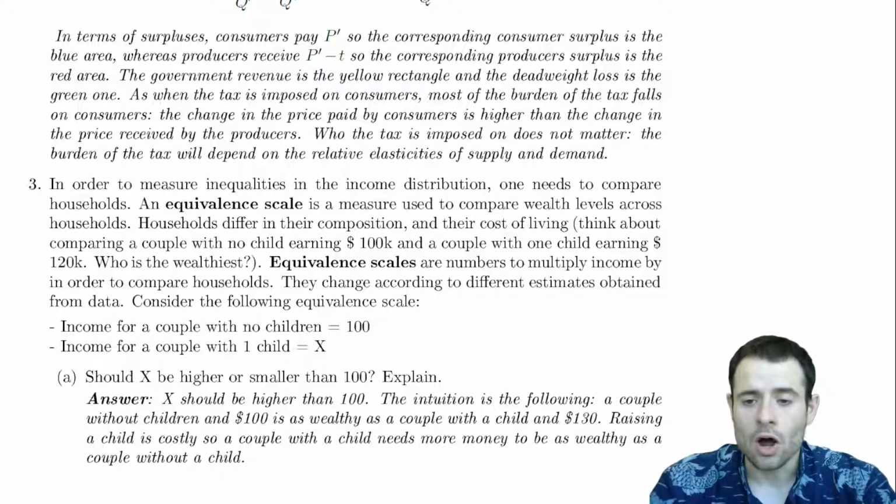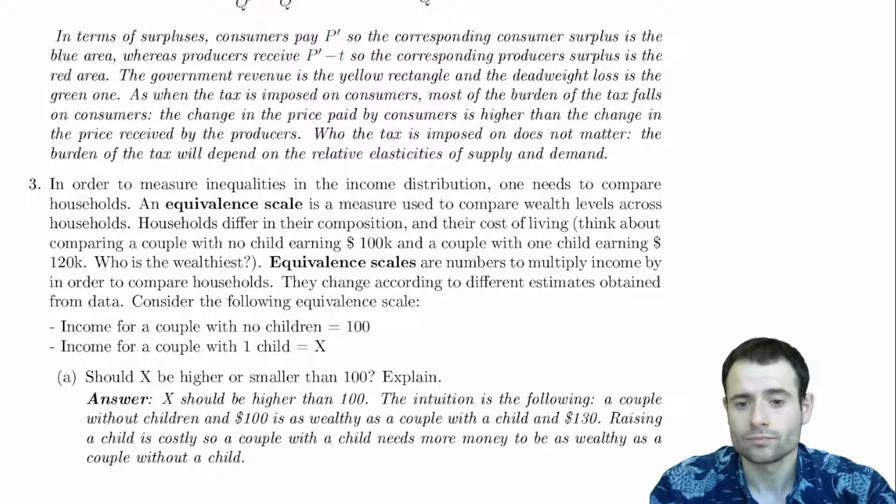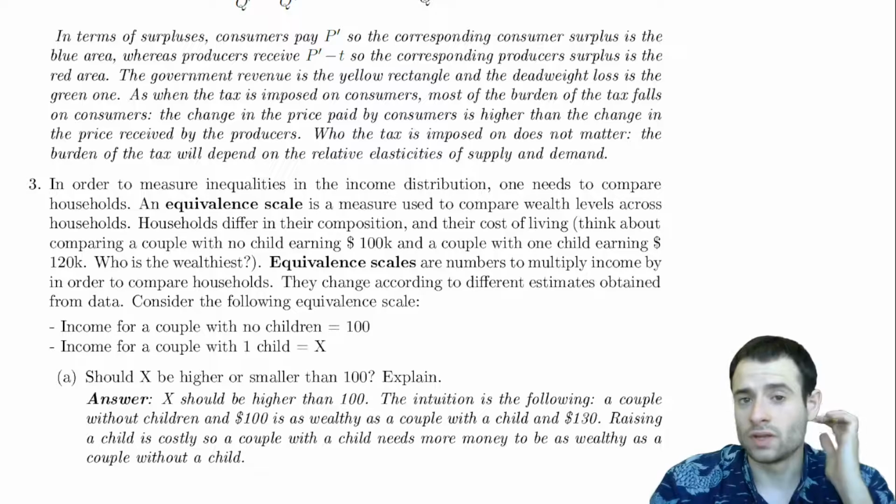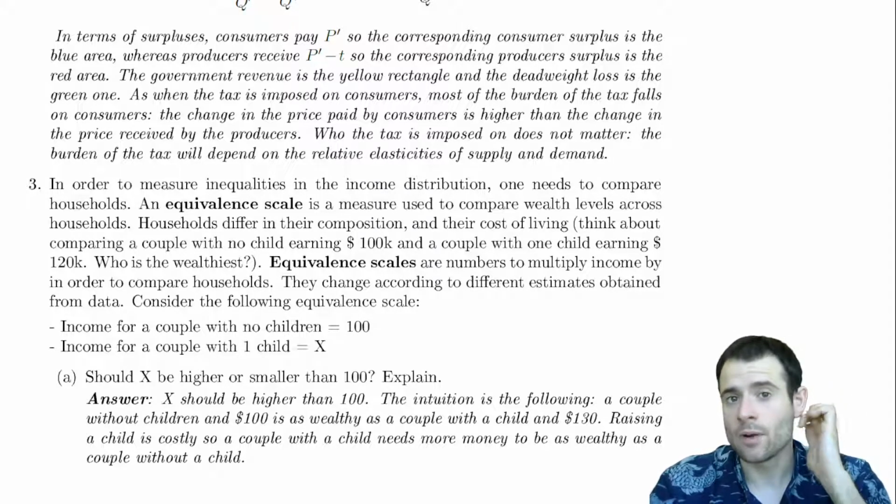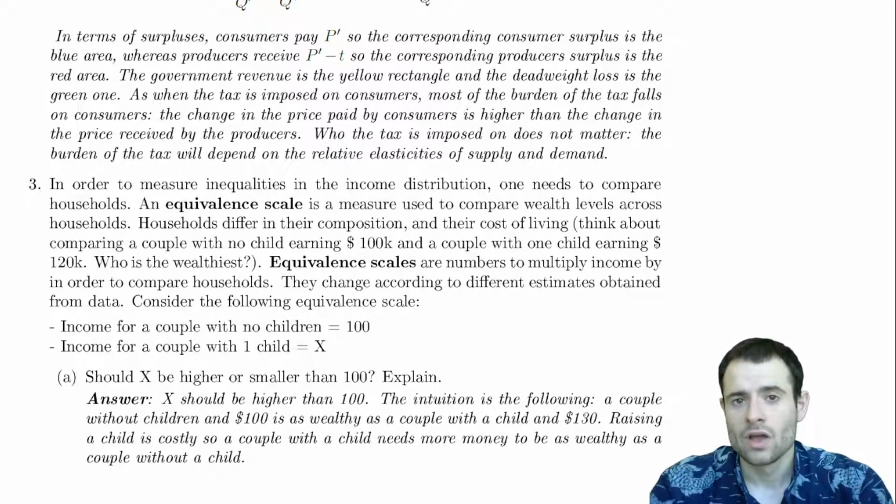Equivalent scales are numbers to multiply income by in order to compare households. They change according to different estimates obtained from data. The idea is to reflect, again, the cost of living across different households with different characteristics.